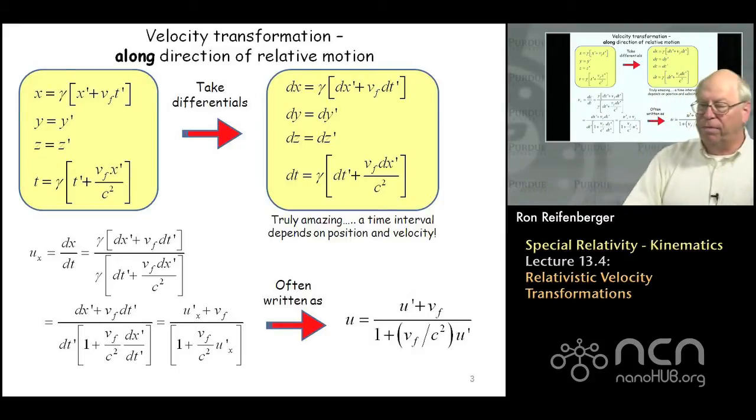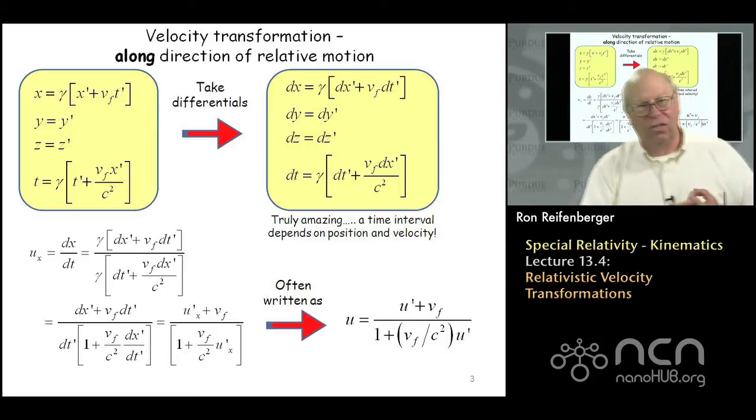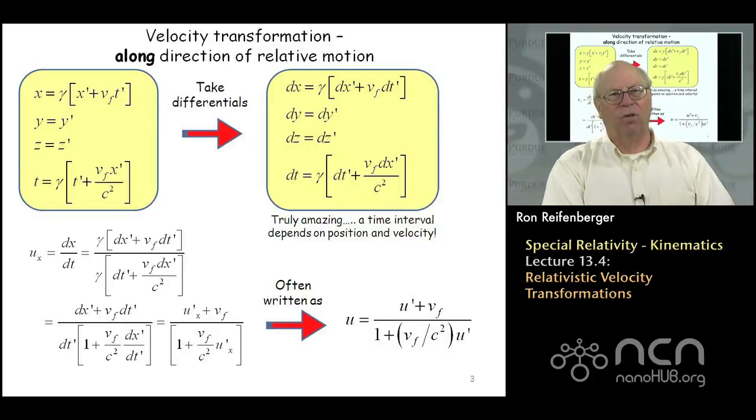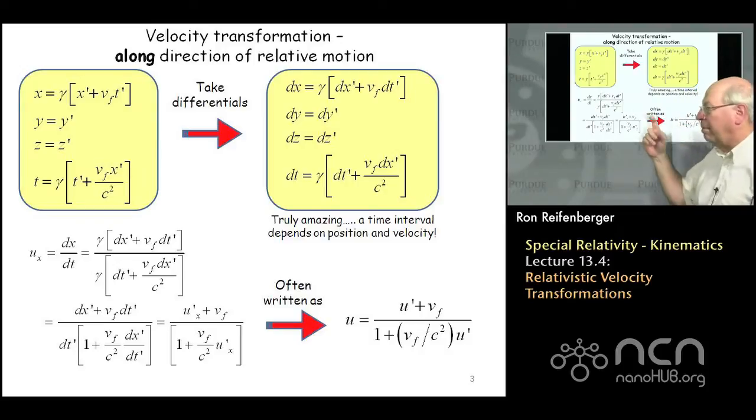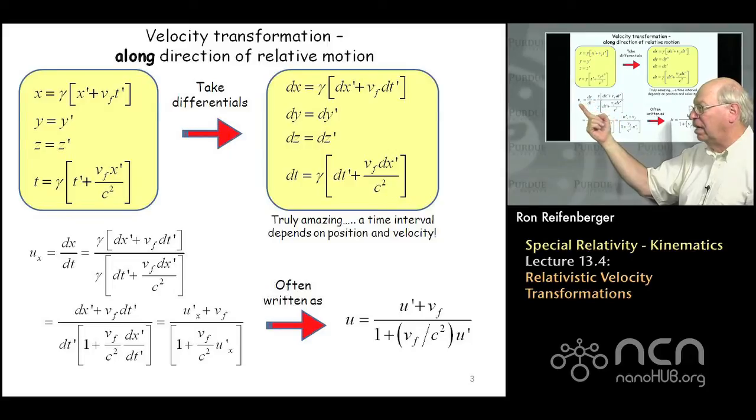In terms of velocities, we'd like to calculate the x, y, and z components of the velocity that the observer in frame S measures for this object, knowing the velocity components ux prime, uy prime, and uz prime that the observer in S prime measures. To calculate the x component, we take these differentials and form what the velocity would be in the unprimed frame: dx divided by dt.